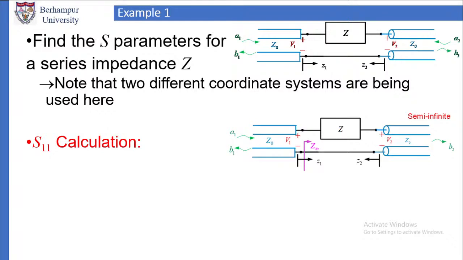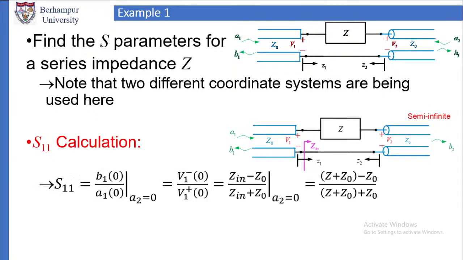That is the port where the transmission line is connected to the impedance Z. At that port, if you look from the transmission line side towards the impedance, then the input impedance at that point is Zin. So we are going to calculate S11.